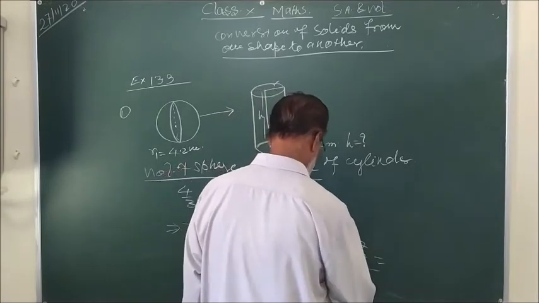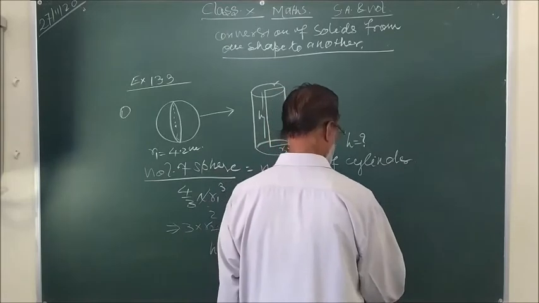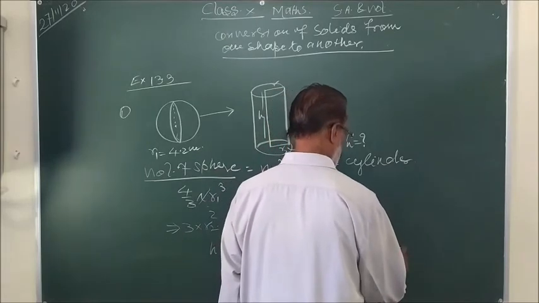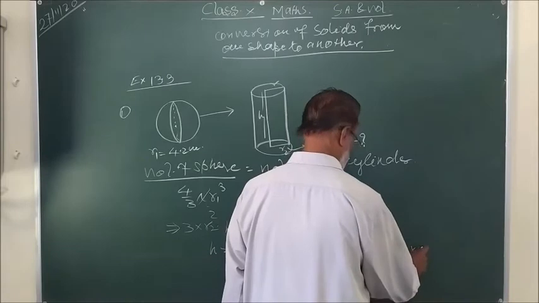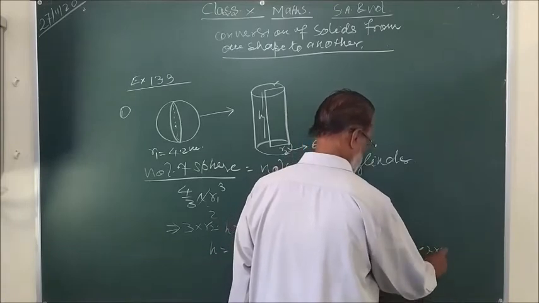Now you multiply 4 into 1.4 into 0.7 into 0.7.